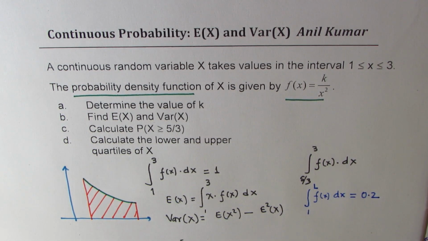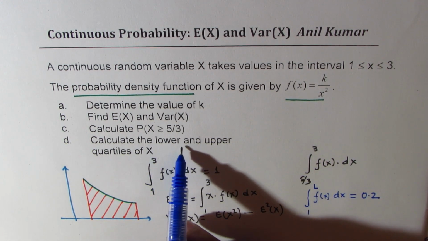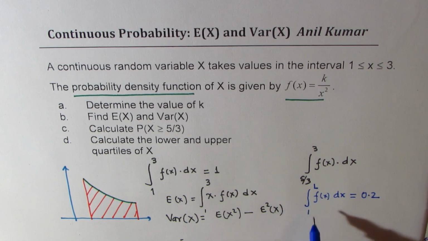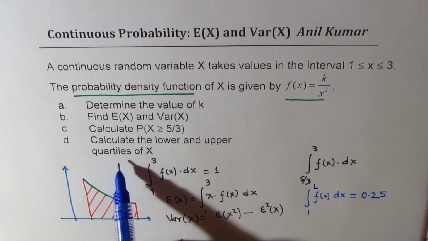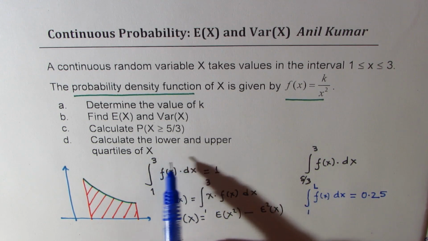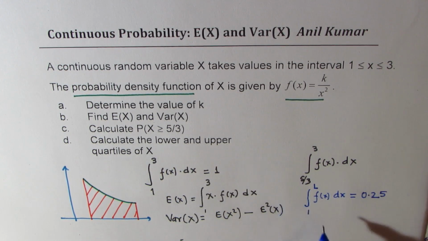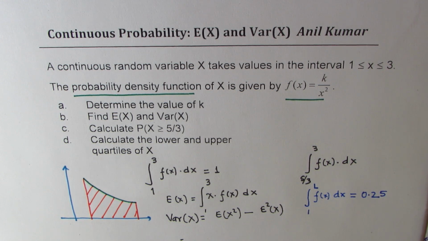So we get the value for the lower quartile. For the upper quartile, we are looking for 75% of the value. Correct? So that is how we are going to calculate all these values. I hope the concept is clear to you.